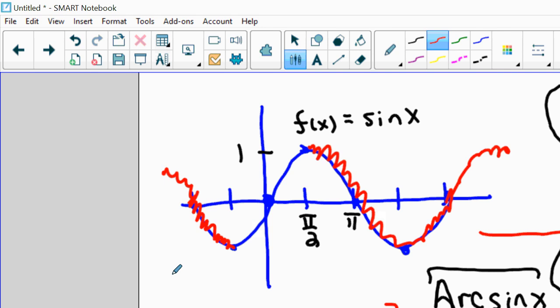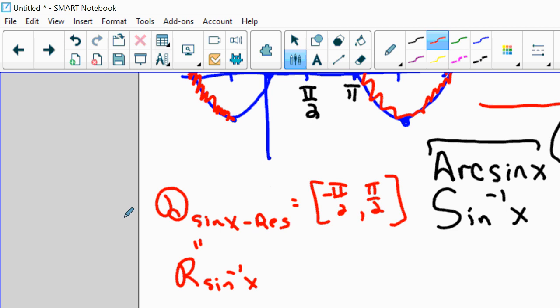And clearly, the range of sine x is -1 to 1, but if you restrict it, it was still -1 to 1, equals the domain of sine inverse of x with a little s.